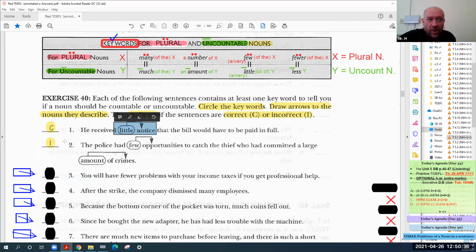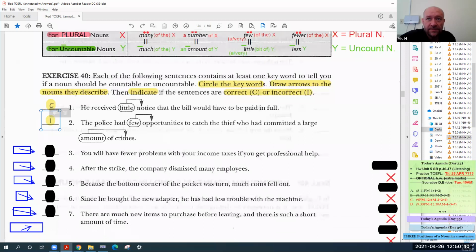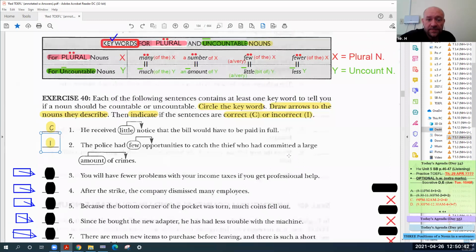Abdul Majid, what about number 2? What's the problem in number 2? I think the first one, few. What should it be? Little. Okay, you just lost marks on TOEFL. Opportunities is countable, okay?